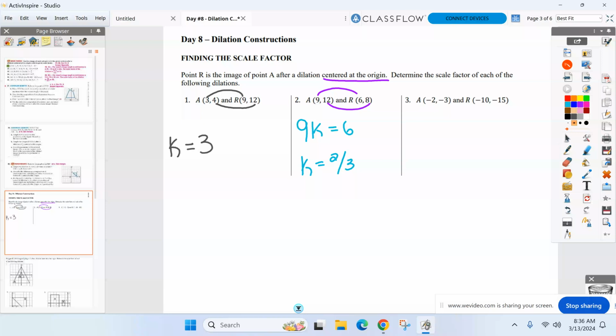Do it for number 3 now. How do I go from -2 to -10, and then how do I go from -3 to -15? If it doesn't come to you right away, set up an equation like we did in number 2 to find the scale factor.